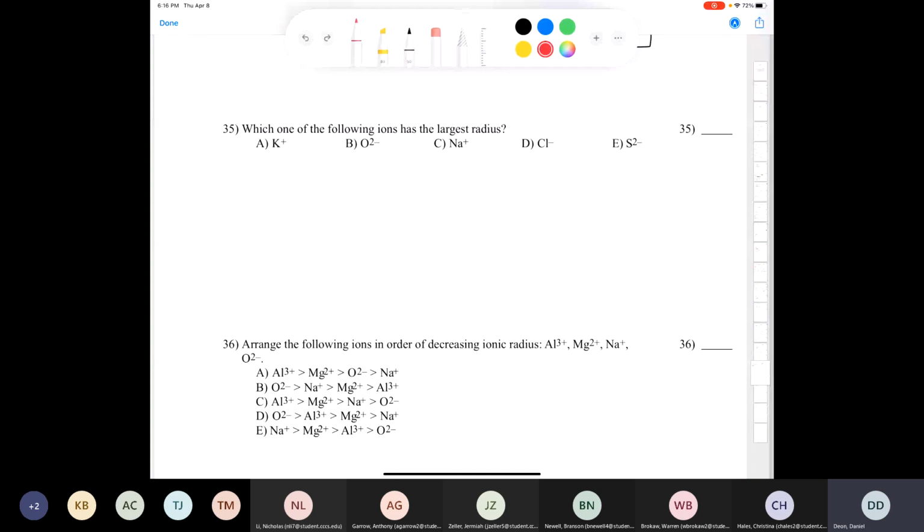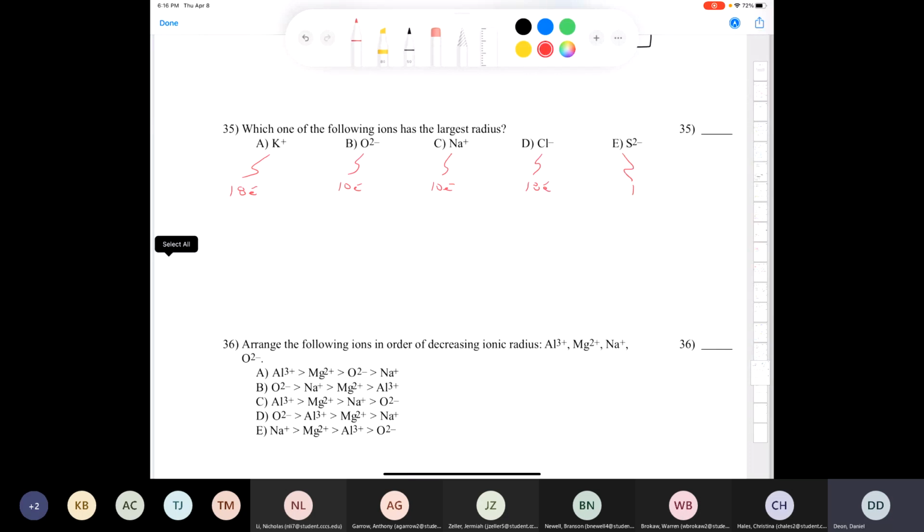Thanks, Anthony. I think you're definitely on the right track. If we have a potassium ion, it's going to have 18 electrons. If I have an oxide, O2-, it's going to have a total of 10 electrons. If I have a sodium cation, it's got a total of 10 electrons. If I have a chloride ion, it's got 18 electrons.